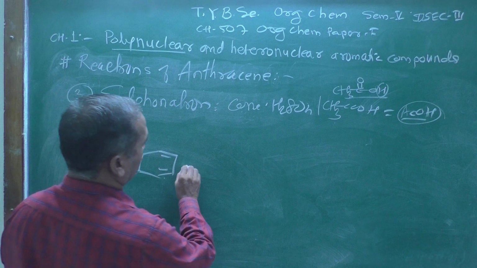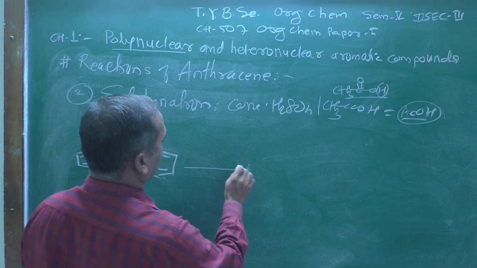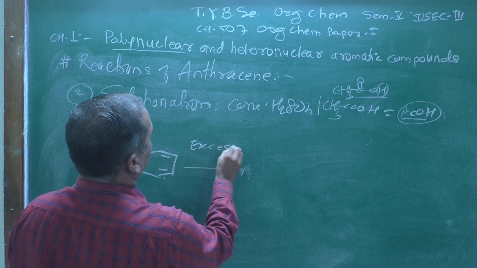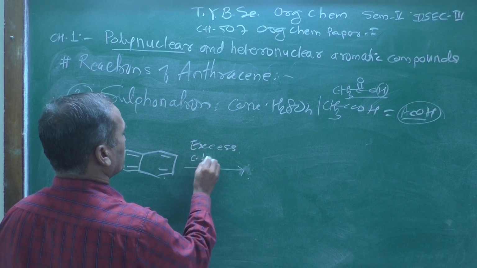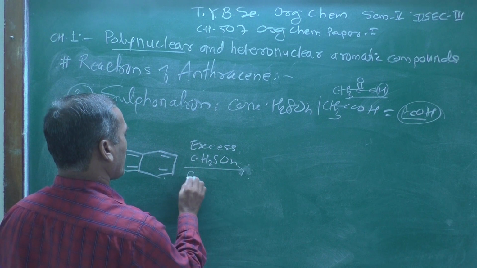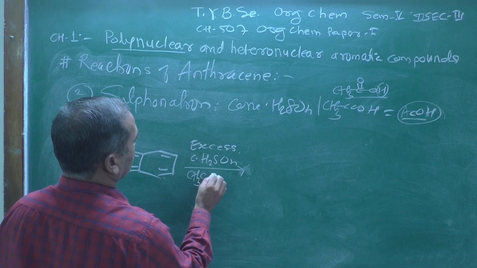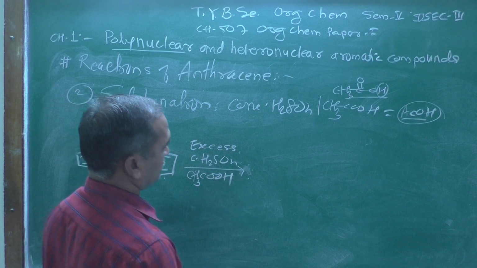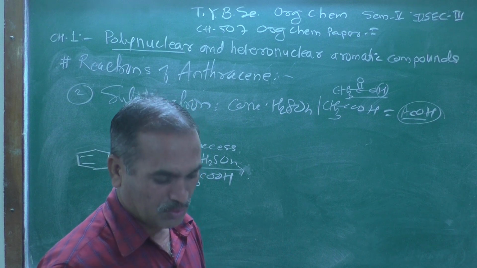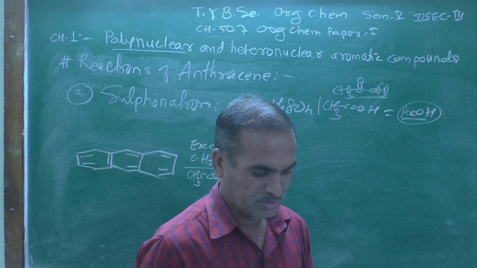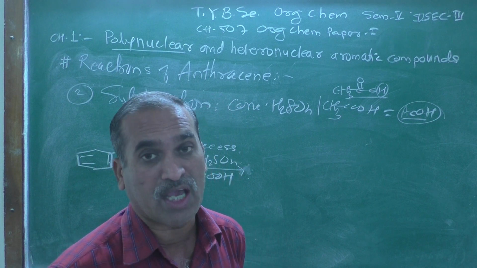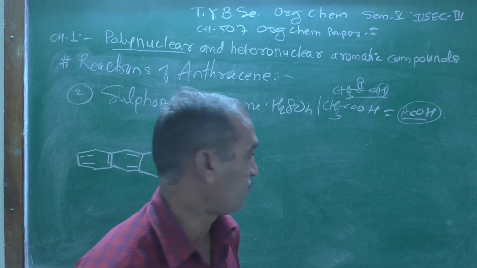Now when it is treated with excess amount of concentrated H2SO4 in presence of acetic acid, CH3COOH, what would be the product? The product generally gives you 1,8 disulfonic acid and 2,7 disulfonic acid.